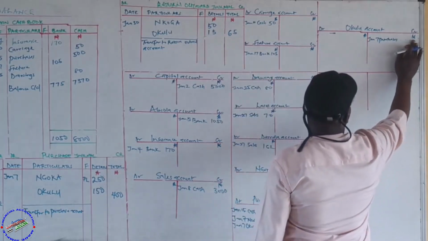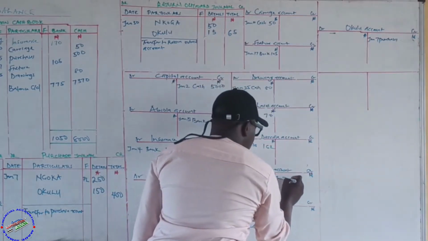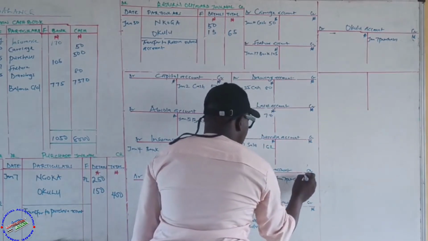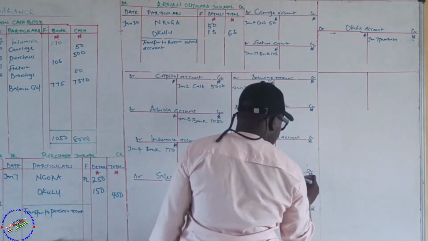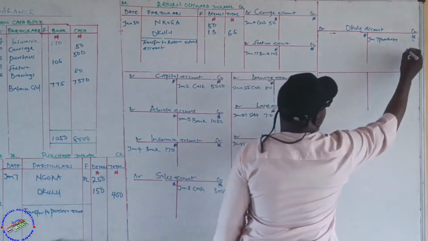Sorry, this is for Ngoka. January 7, purchases, 250, and for Okulu, 150.